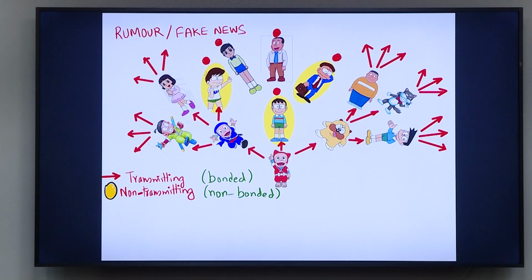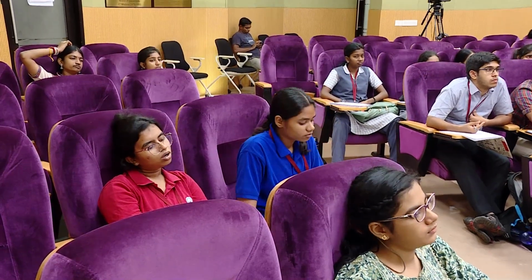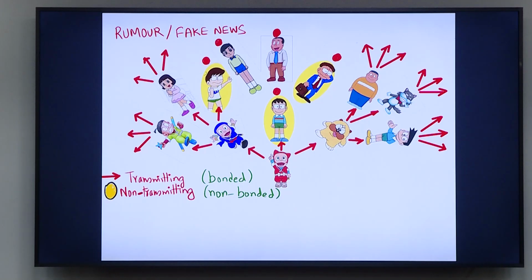So I will use the language of bonded and non-bonded, but you can think of it as transmitting and non-transmitting. Like Kenichi got this information, does not like to transmit. It does not like to form bonds. Whereas Ninja Hattori likes to transmit, so it is bonded. And we can say what fraction are bonded, and you can then connect it with this fake news problem.